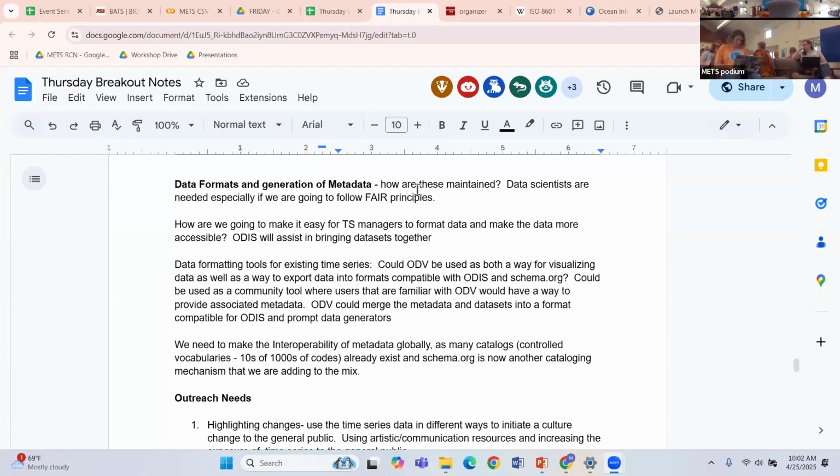I also need to dive deeper into ODIS and schema.org, which is quite useful, and try to understand it better and see if this is a way to do it. It would be great if we could just read that as a starting point.